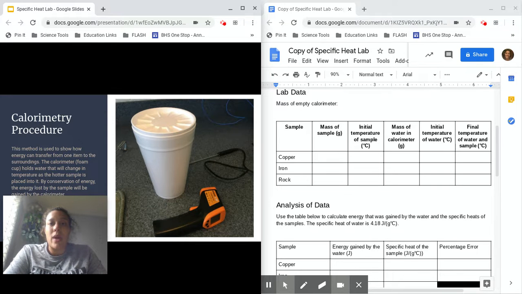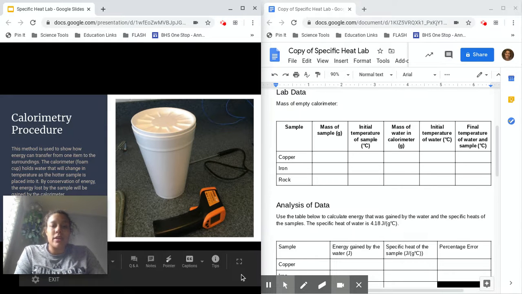Now they have a way more sophisticated version of this calorimeter. So hard to say in their labs, but it works very similar with minimizing the heat loss that we might see in this example. So your definitions for your pre-lab should be no problem.